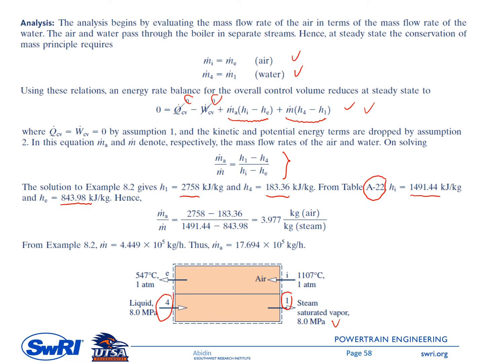And then there is also information here from example H.2 that the m dot for the water stream is 4.449 times 10 to the power of 5 kilograms per hour. And then by using this ratio, we can calculate the mass flow of the gaseous stream. So this is 3.977 times the mass flow of the water stream.